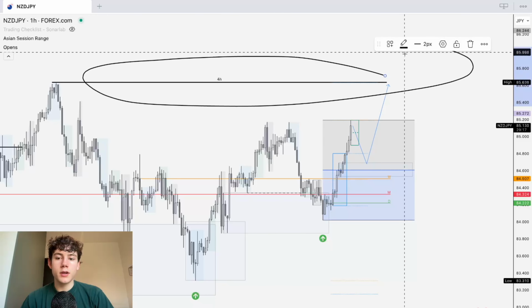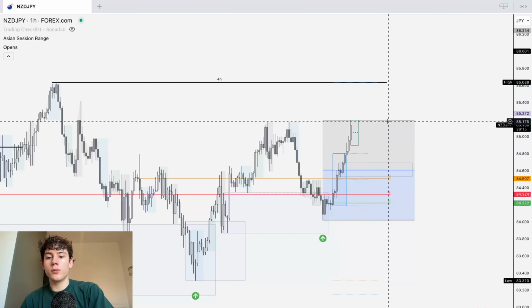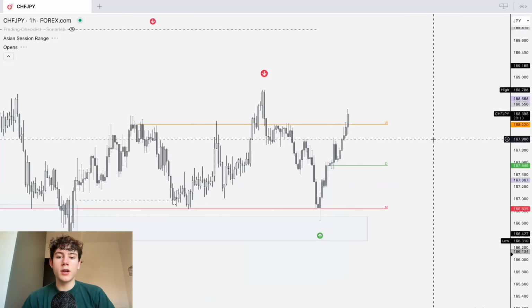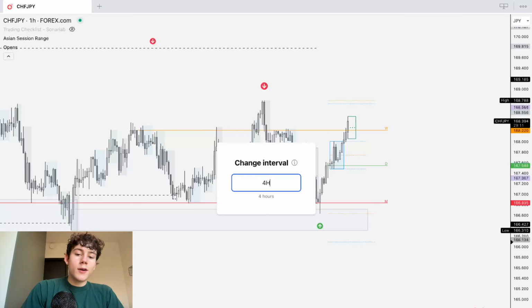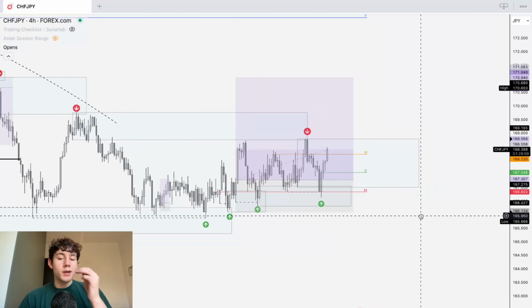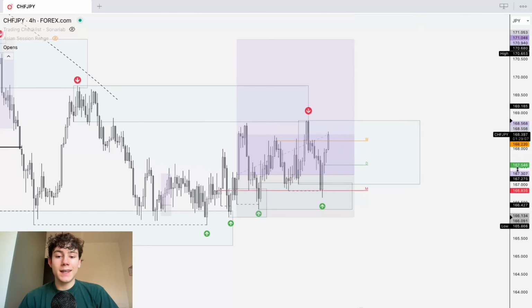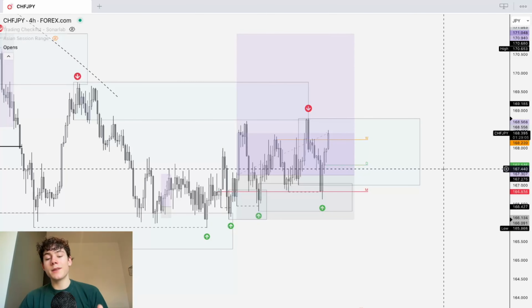Okay, so going over to my next pair, Swiss Yen. Unfortunately, I didn't take the trade that I set yesterday. I had my limit on it, so it's completely my fault because I removed my limit. But there was some fundamental news on the yen basket, which could give some strength to the yen.